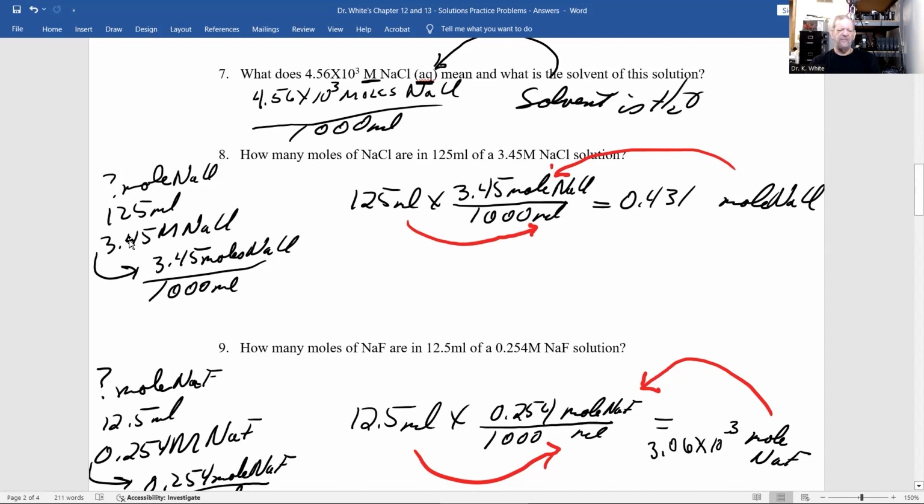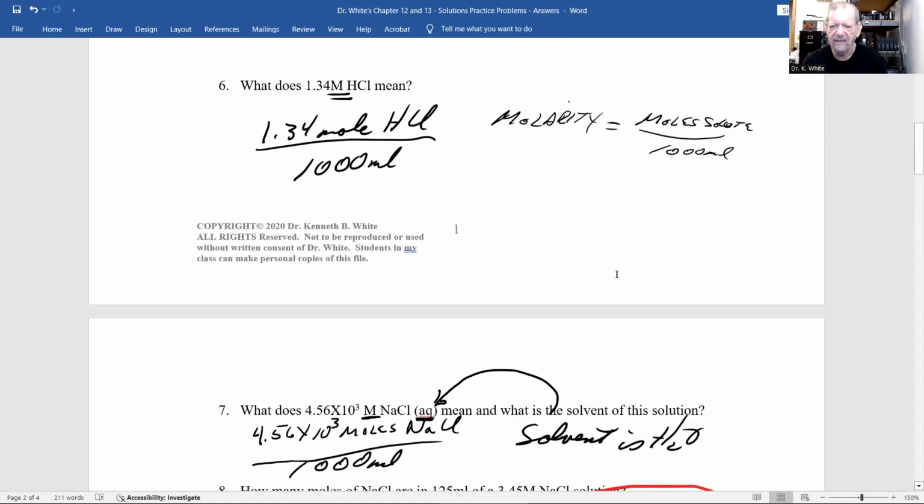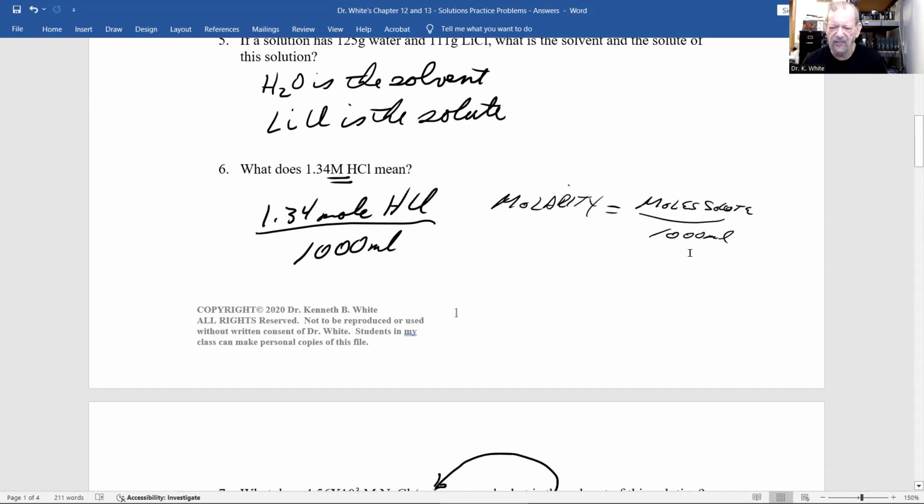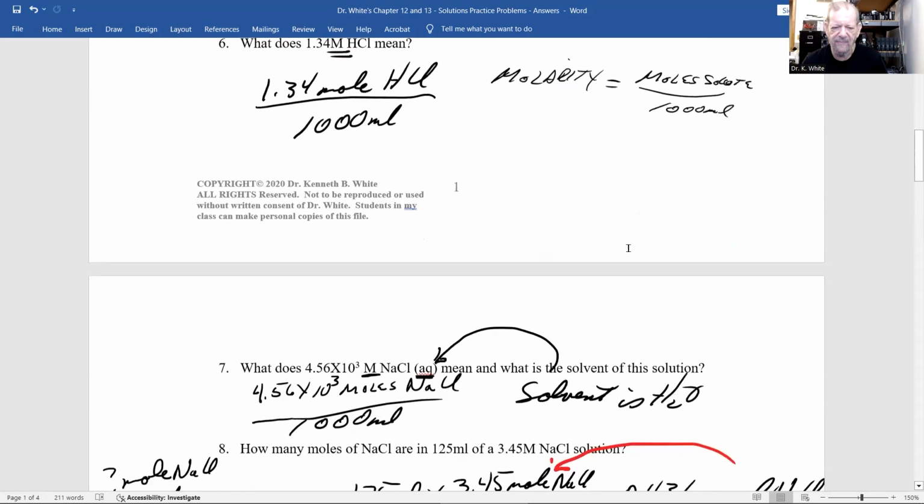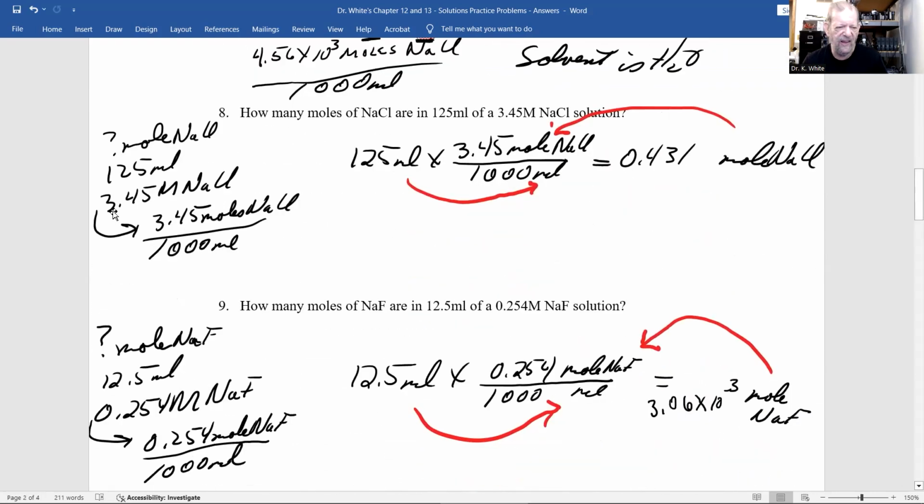This volume and this number, 3.45 capital M NaCl. I wonder what that means. Well, capital M means molarity. Moles of solute per 1,000 milliliters. Well, in this case, 3.45 capital M NaCl means 3.45 moles of NaCl per 1,000 milliliters.